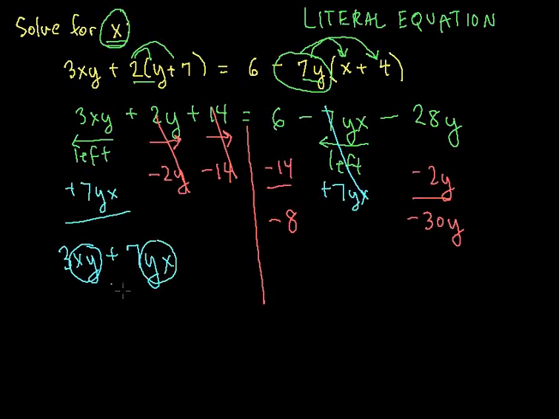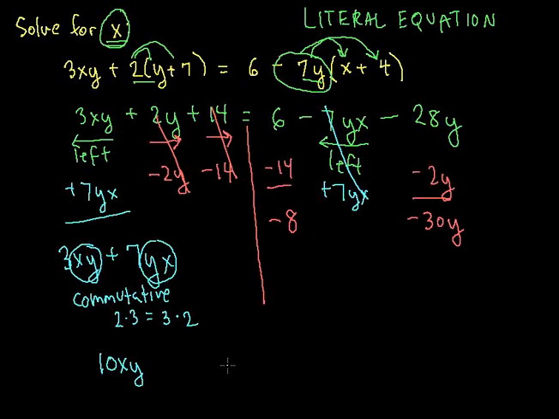In other words, we're dealing with something called the commutative property. And the commutative property says that something like 2 times 3 is exactly the same as 3 times 2. So the end result is 3xy plus 7yx is the same as 3xy plus 7xy, which is 10xy. So we have 10xy on the left.